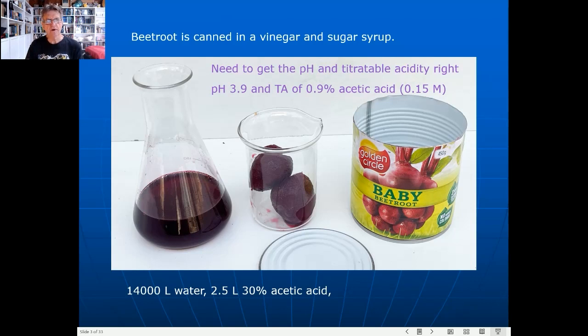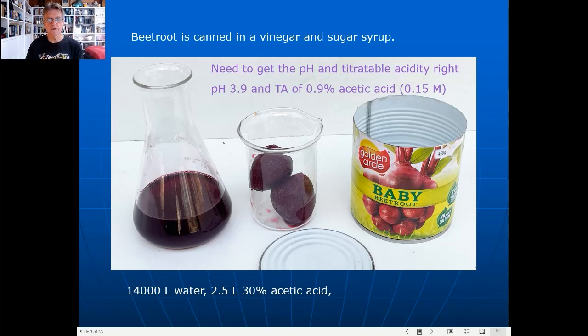Now you can buy cleaning vinegar in the shops as well, and that's about 4 or 5%, and you can buy double strength cleaning vinegar, that's about 8 to 10%. So for any of the pracs you do in class, if you want just acetic acid, you could just buy the cleaning vinegar, about 4 or 5%, and standardise it against standard sodium hydroxide.